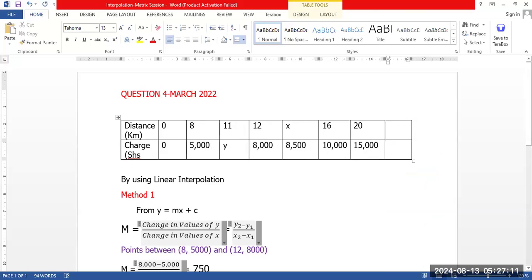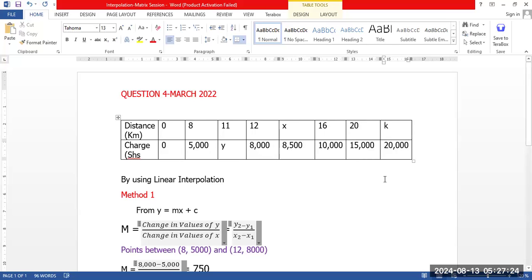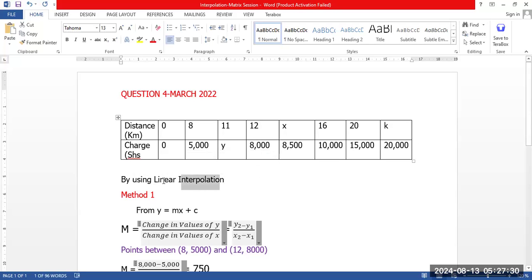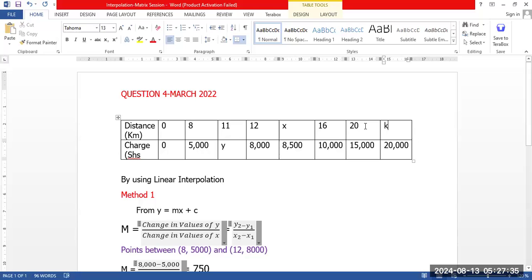For extrapolation, you find that you have, let's say, here Y, and here you have, I can call it K, then here you have, let's say, 20,000. Where you had interpolation, you are using linear extrapolation, because with extrapolation the missing figure is outside your initial table. It is not in between these points.